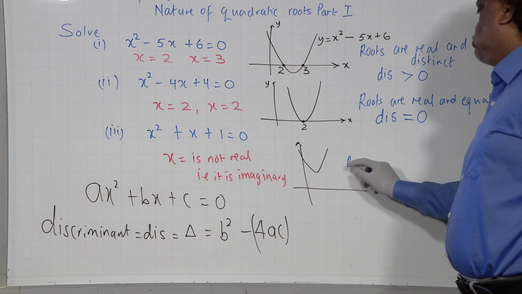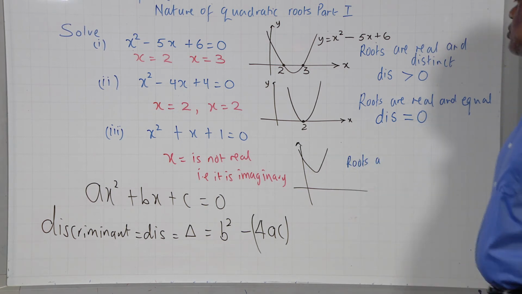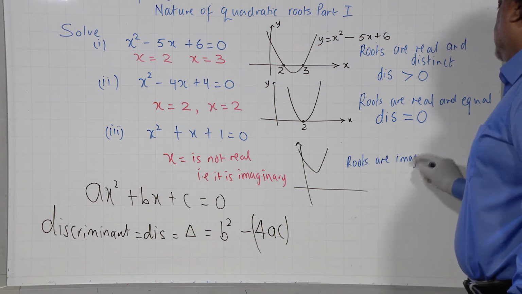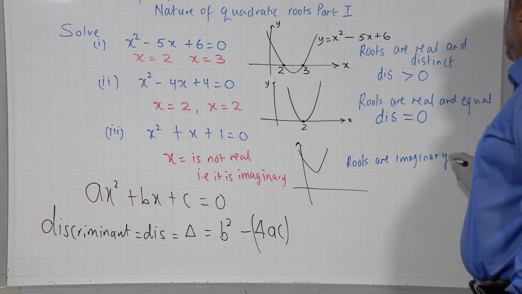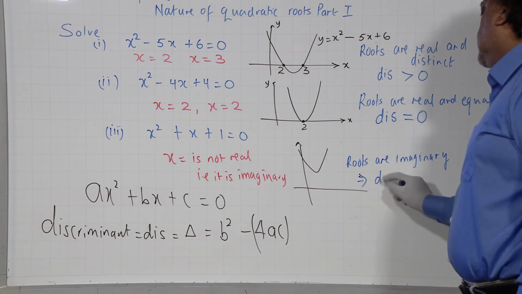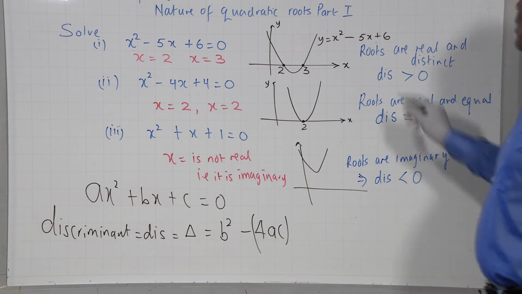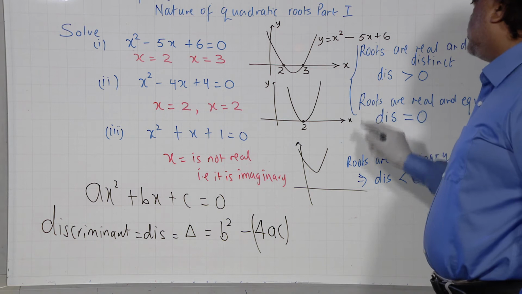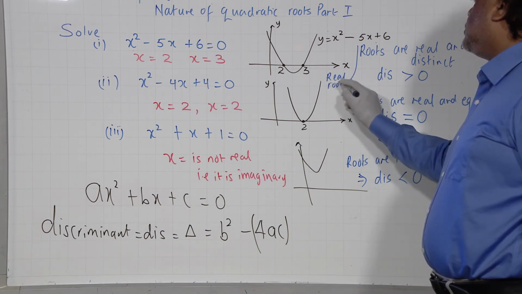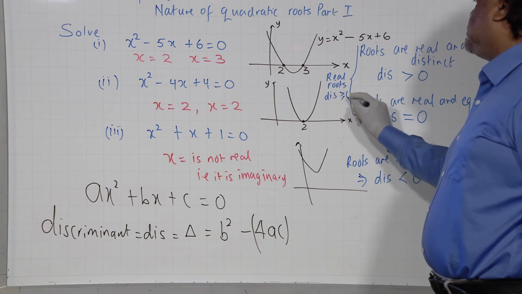In this case, real roots don't exist. Roots are imaginary. Discriminant is negative. Now, very often we can combine these two and we call them real roots, for which discriminant is greater or equal to 0.